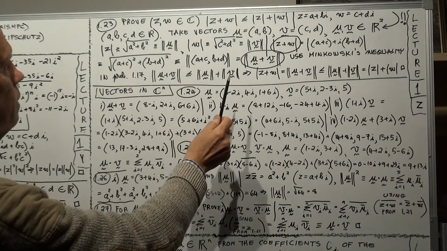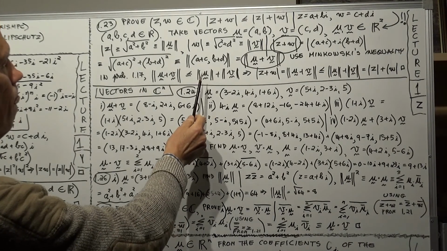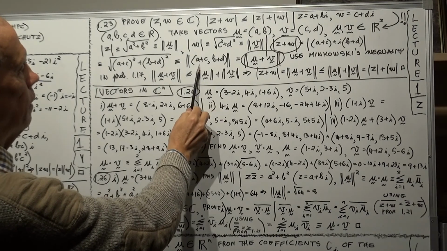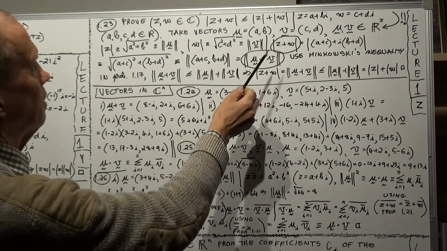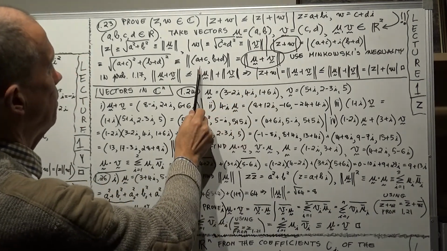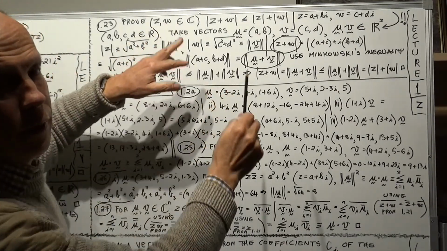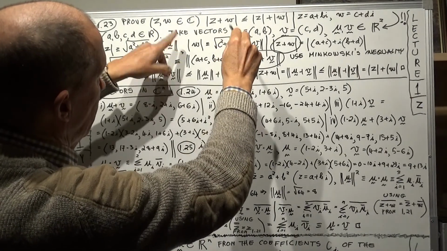Now here you've got another vector. We didn't give it a label, but you forget about the norm symbol, the double bars.